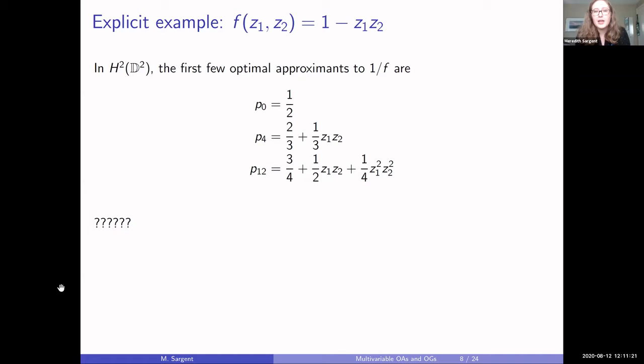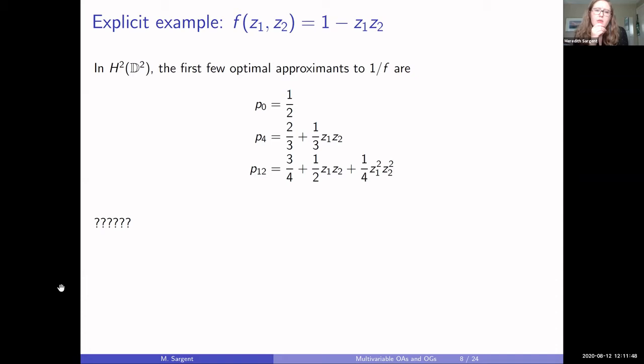That's because P0, P1, P2, and P3 are all equal to 1/2. And P4 through P11 are all equal to 2/3 plus 1/3 z1 z2. And same thing with P12. We only get a difference in our optimal approximants when we get to a new power of z1 z2.